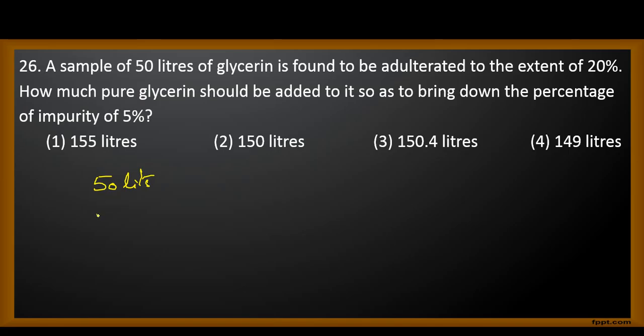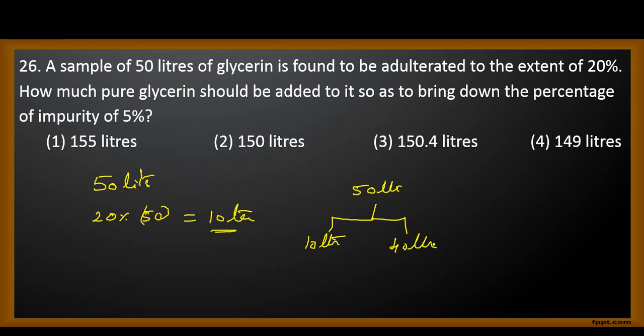What is 20% of 50? Which is equal to 10. 10 liters is impurities, and 40 liters is the glycerin.